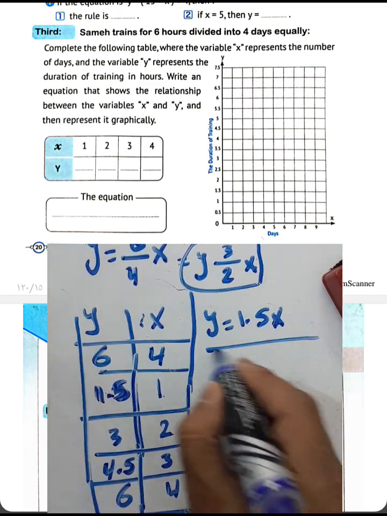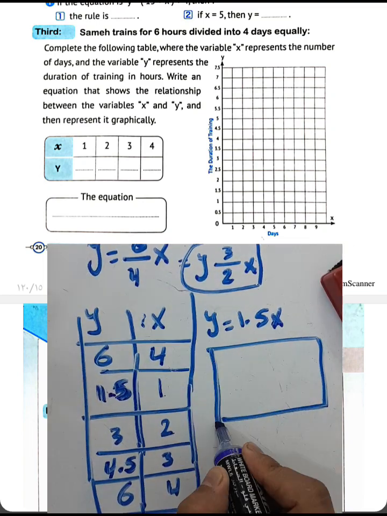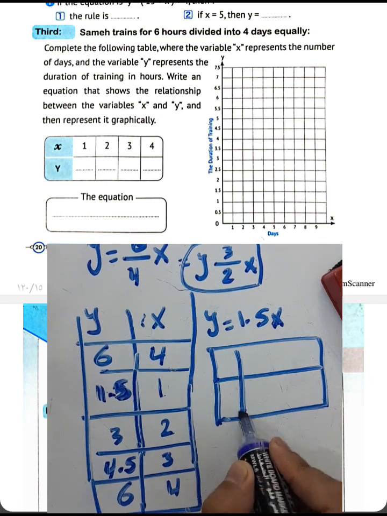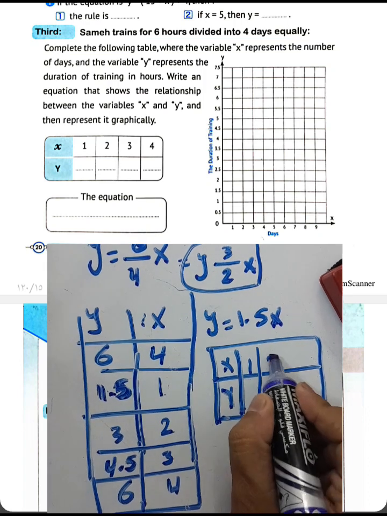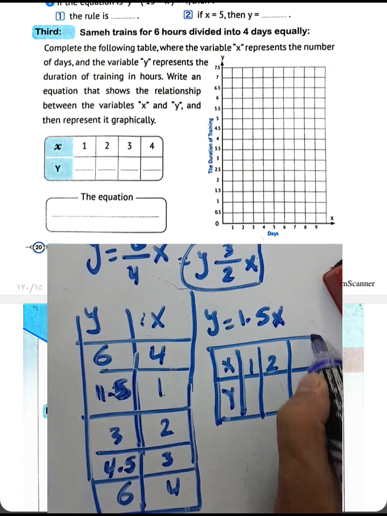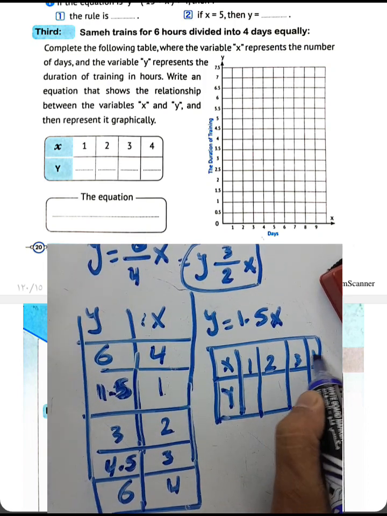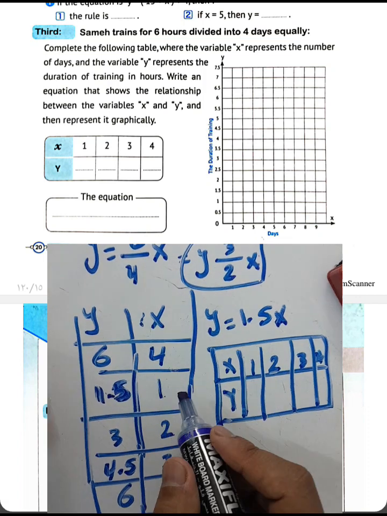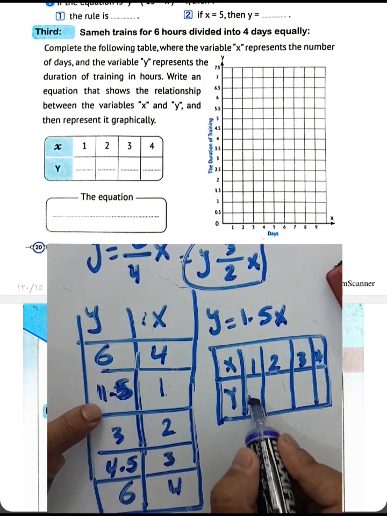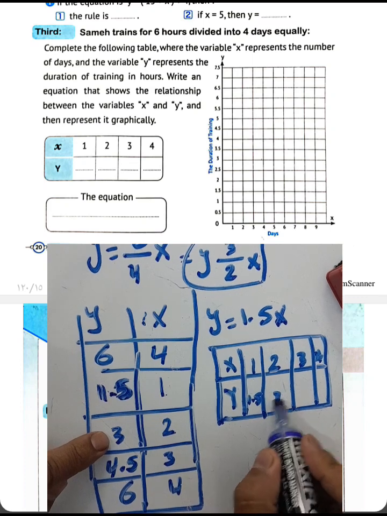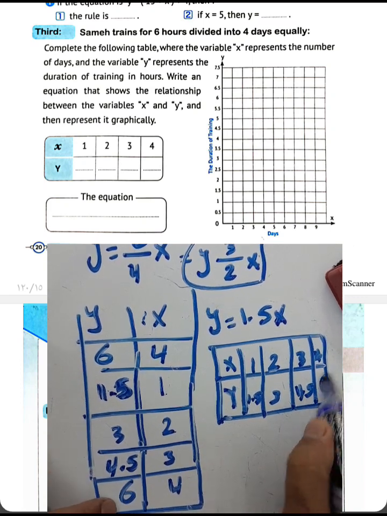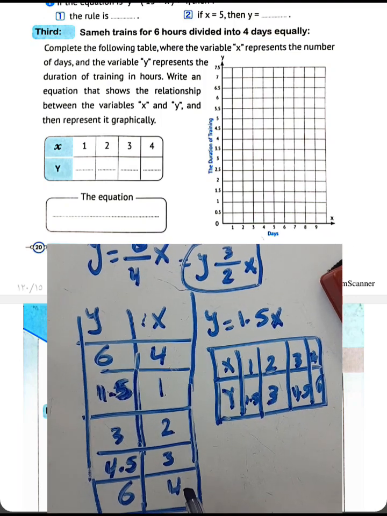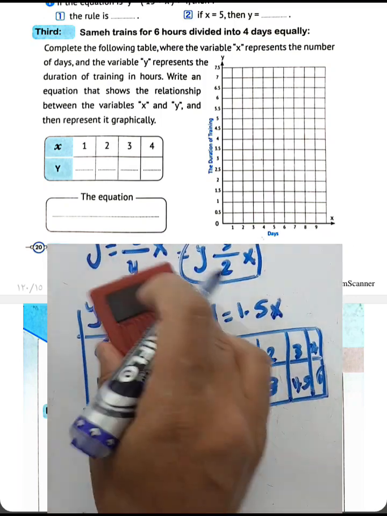Okay, it's the table. You can draw the table with x and y: 1, 2, 3, and 4. Here the image will be 1.5, for 2 it will be 3, for 3 it will be 4.5, and for 4 it will be 6. Then draw the graph between x and y.